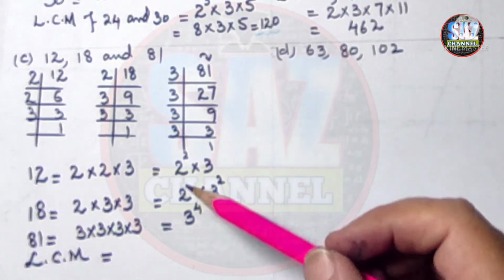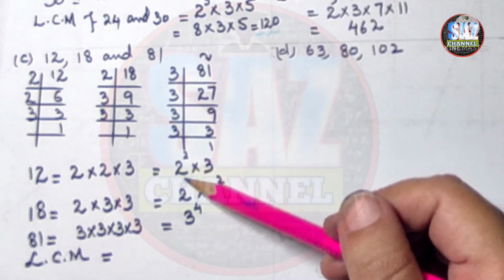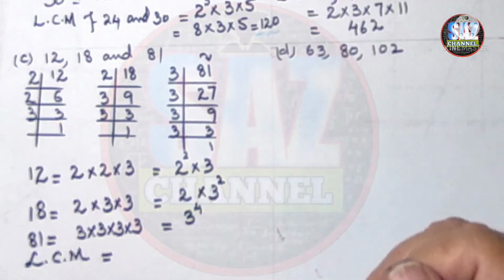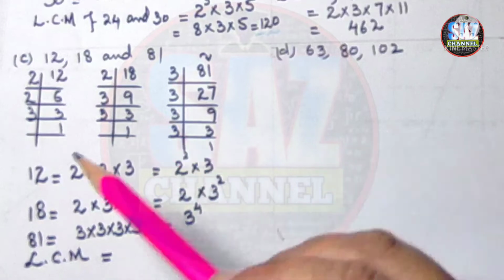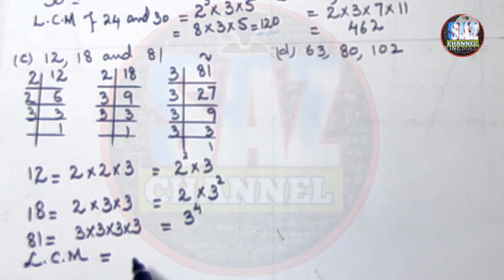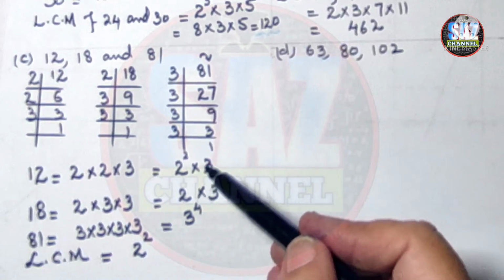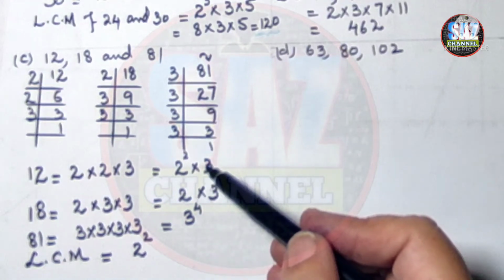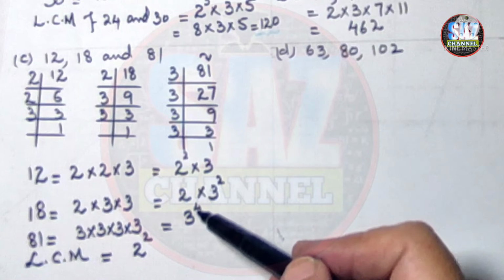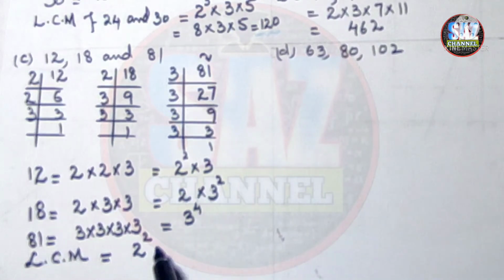Now look, 2 is coming in the first two numbers but not the third, and the highest power of 2 is 2. So in the LCM, from 2 we will have 2 square, and in 12 the power of 3 is 1, here 2, and here 4. The largest power of 3 is 4, so 3 raised to power of 4.